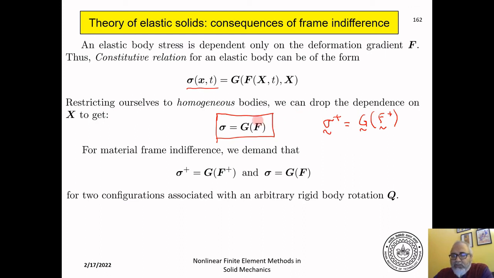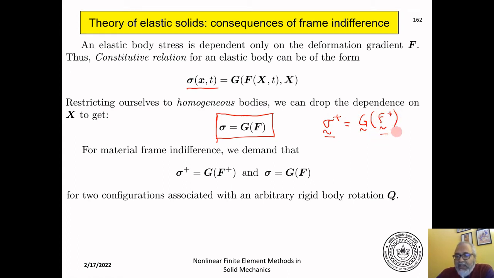So the O plus observer will measure F as F plus. The components of F plus and components of F are different, but the tensors are the same. Similarly, the components of sigma and sigma plus are different, but the tensors are the same. So the O plus observer will measure this and, if we assume frame indifference, the form of the law should not change, and therefore if he measures F plus, this is how we will get sigma plus.